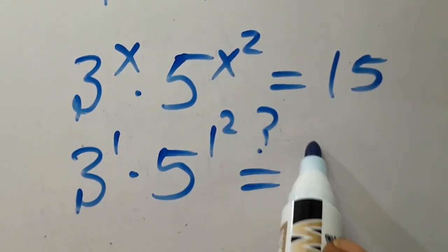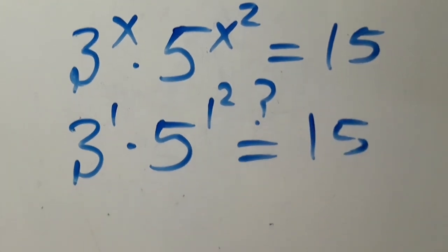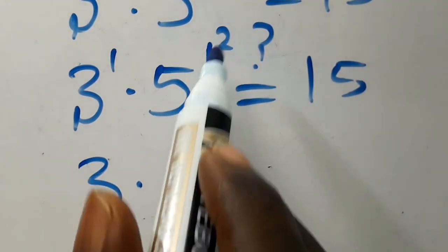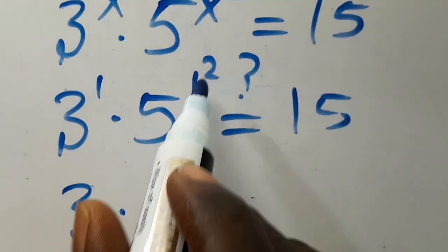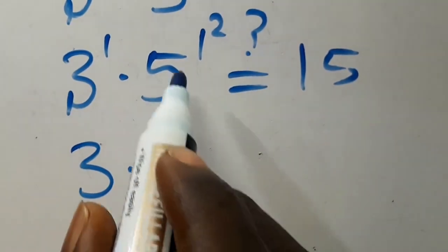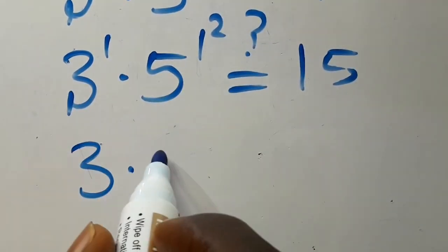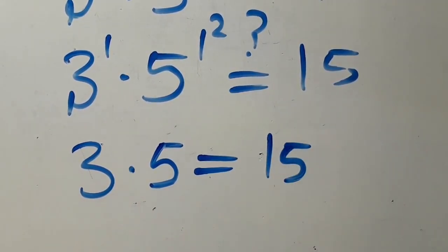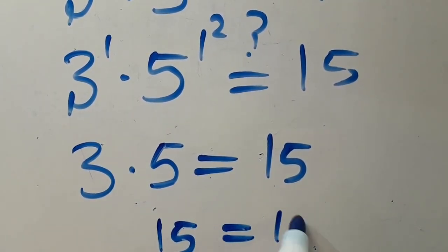Then it's going to give us 15. We have 3 multiplied by 5 to the power of 1. 1 to the power of 2, we have 1 to the power of 1. We have here 5, so 3 times 5 will be 15 equals 15.